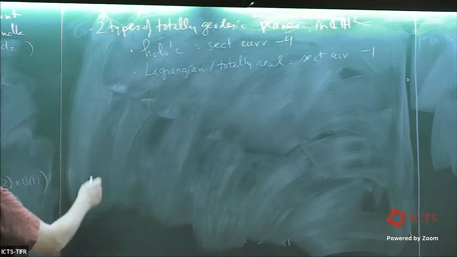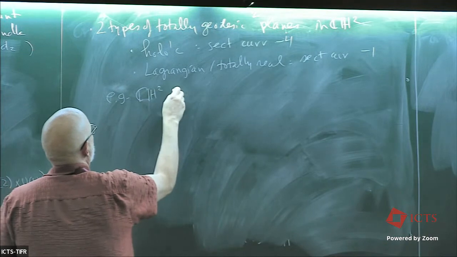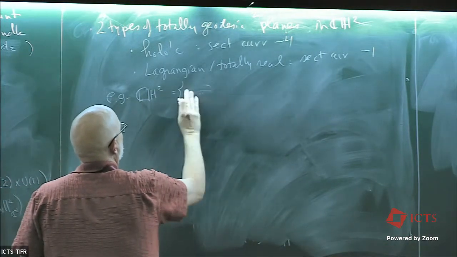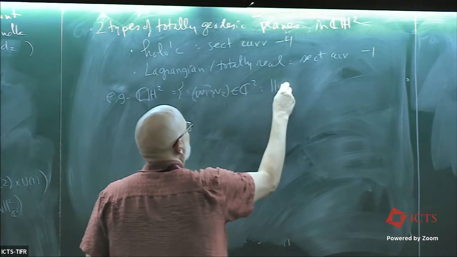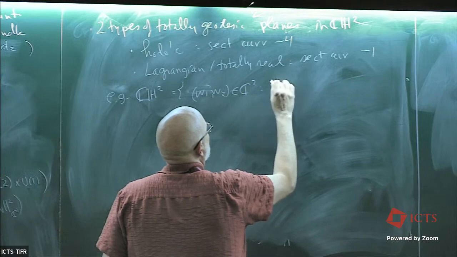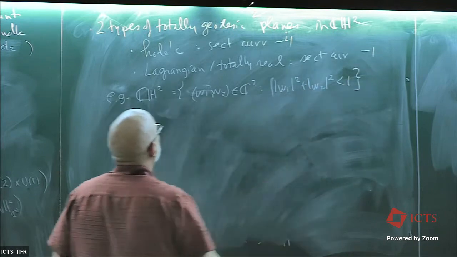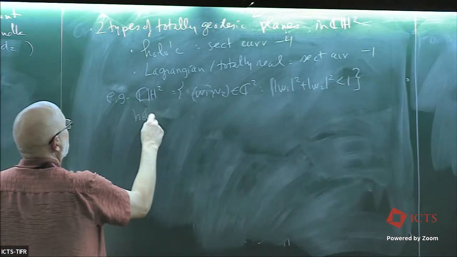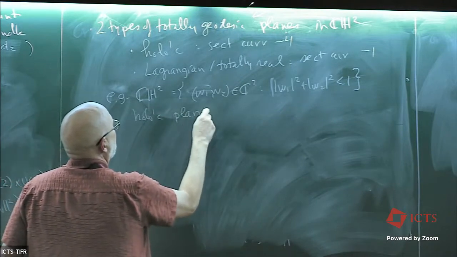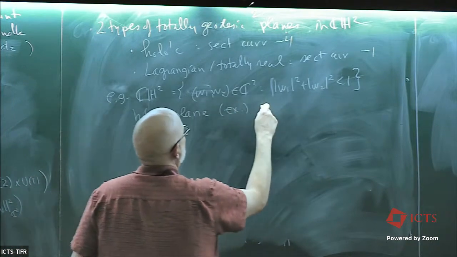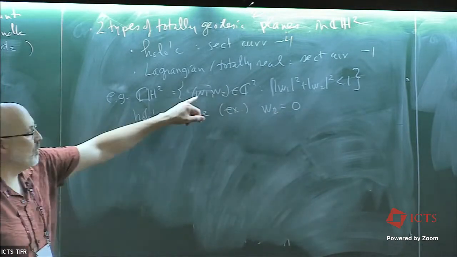So in this case, let me just write this down. CH2 may be represented by Z1. I guess I've been using W's here. W1, W2, and C2 such that, okay. So then a holomorphic plane example would be, say, W2 is equal to 0, just kind of W1 plane.